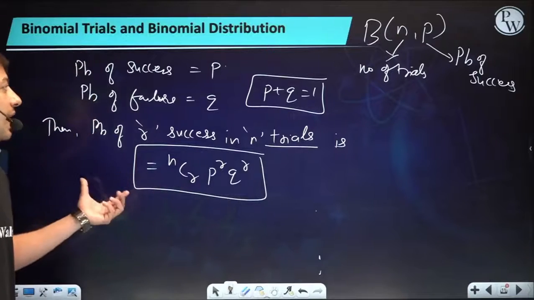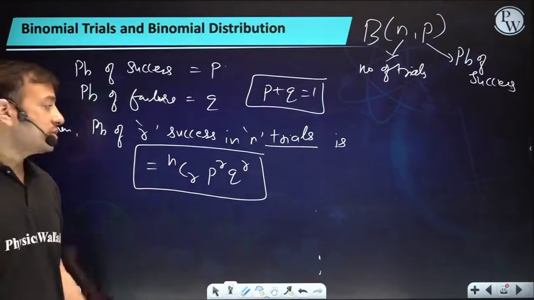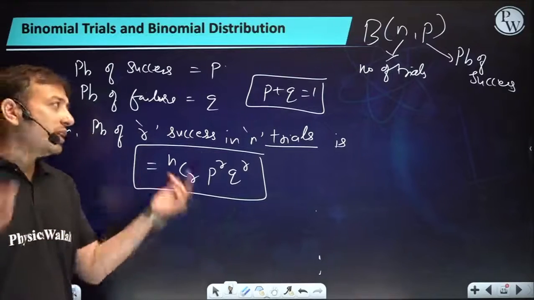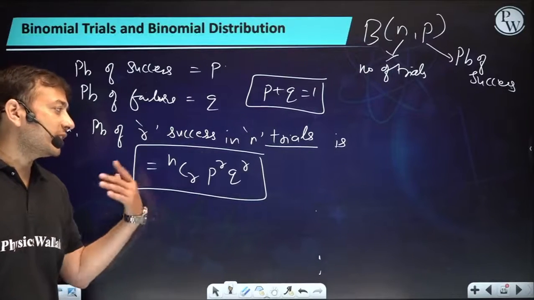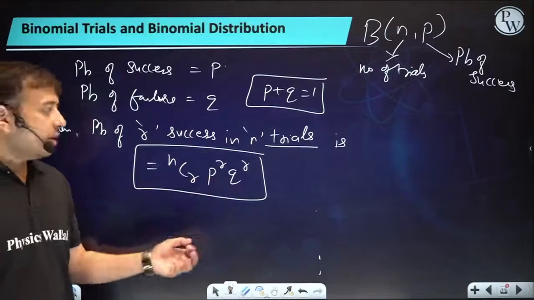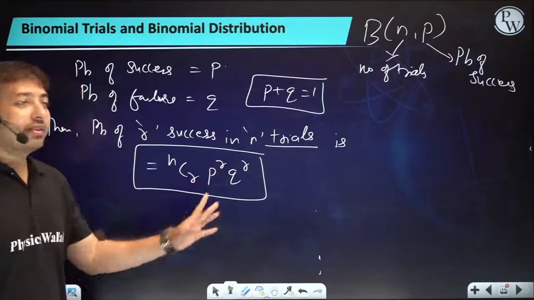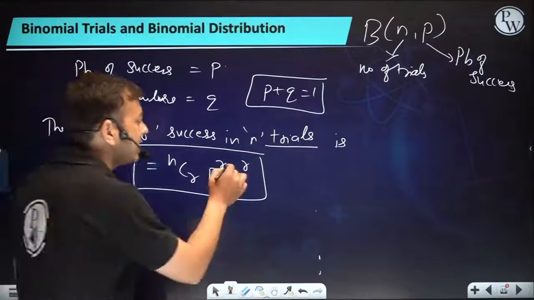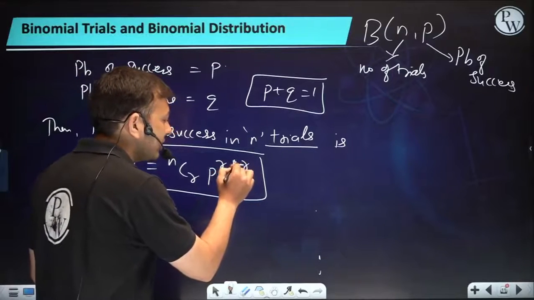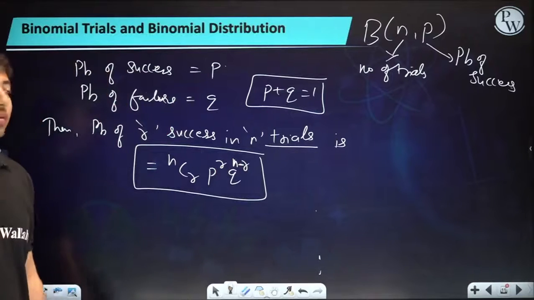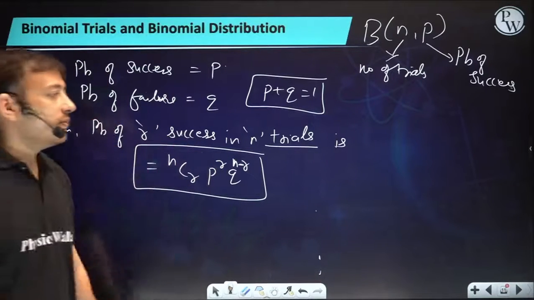In this way we calculate binomial distribution probability. That in 10 trials or 20 trials, what is the probability of getting success 4 times or 5 times? Like that. So nCr p to the power r q to the power n minus r. Probability of r successes.